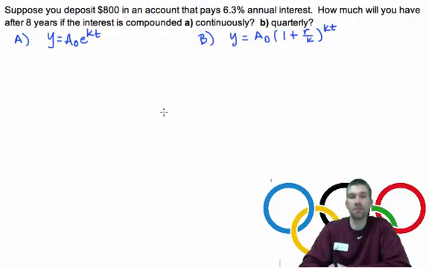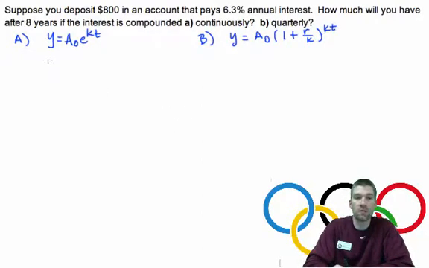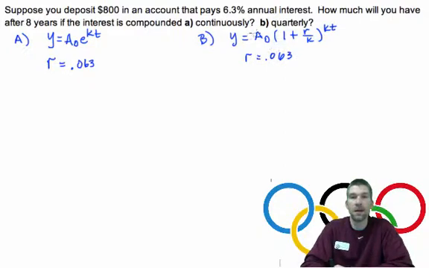So these are the setups, and we're told the rate for both of these is 6.3%. We have to have our rate as a decimal, so 0.063, same for this one, 0.063.